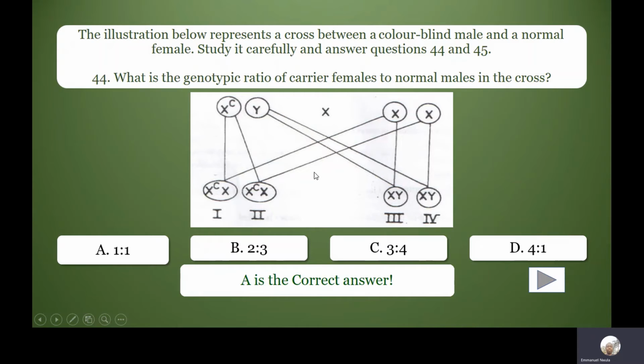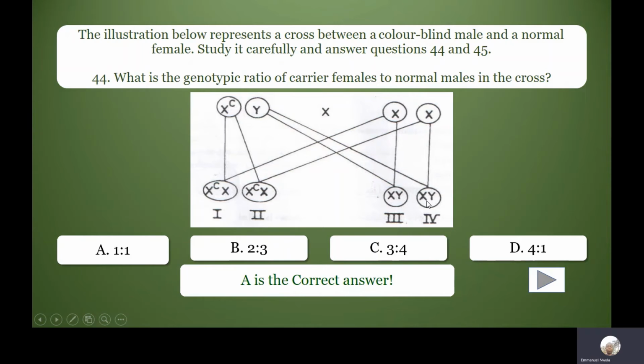So if you cross them, you discover that the daughters are carriers. Just one of the X chromosomes is carrying the allele for the disease. So they are carriers. The boys, the male children, are normal.